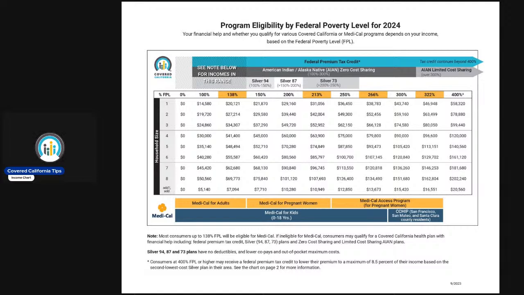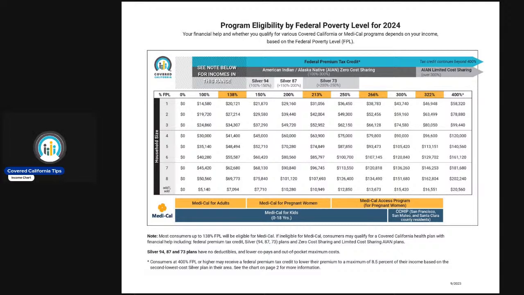If we go all the way down to eight folks in the household, then that Medi-Cal level rises. A person with eight people in their home can be making $69,000 per year and still get placed on Medi-Cal. So it makes a difference as to what you select.